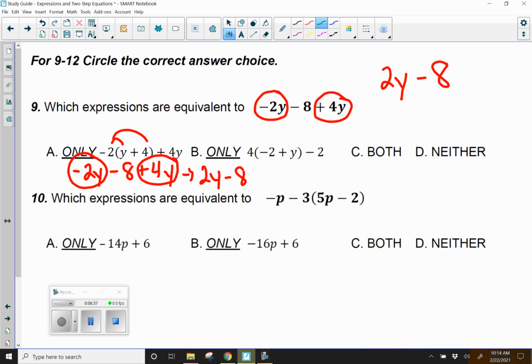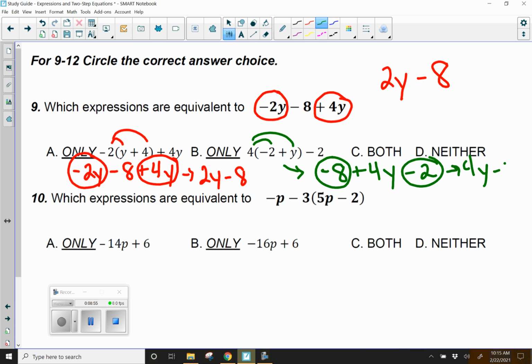Now we just have to distribute for B and see if that works also. 4 times negative 2 is negative 8. 4 times y is 4y. The only thing I can combine here is negative 2 and negative 8. So that would leave me with 4y minus 10. So that means that A is the only correct answer choice for number 9.